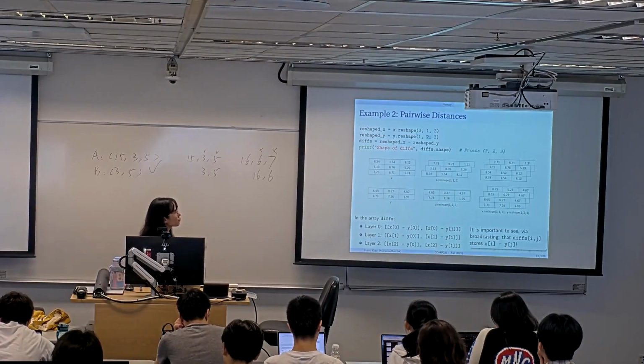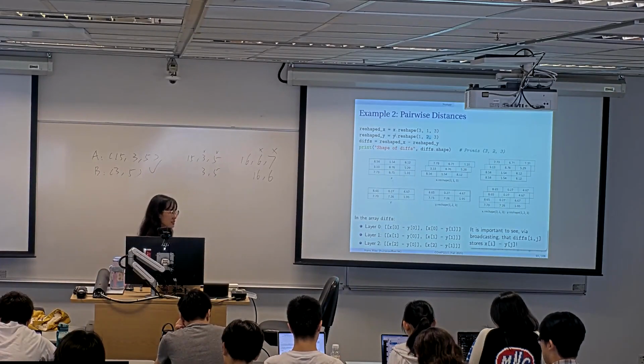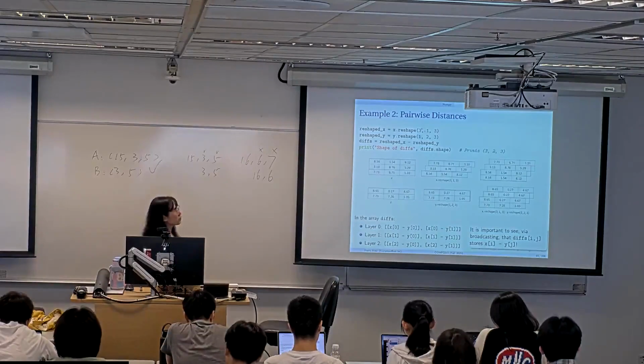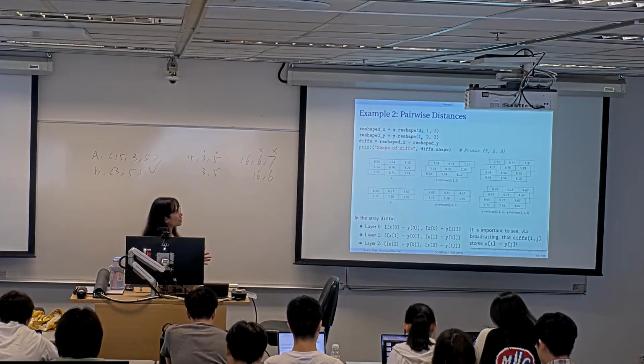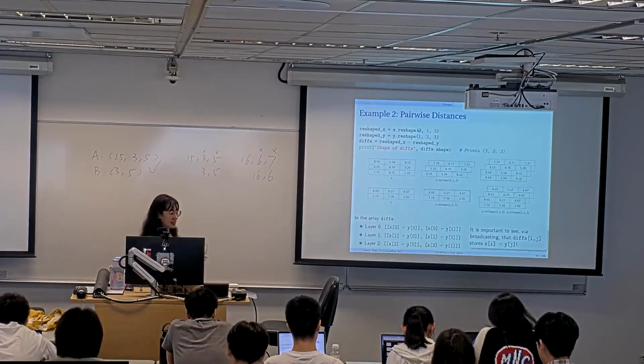And similarly for y, we want it to copy itself 3 times because it will be used 3 times for this difference, right? So we want to add a dimension here to be compatible with x's size. After broadcasting, it copies itself 3 times to be compatible with x's size in axis 0.